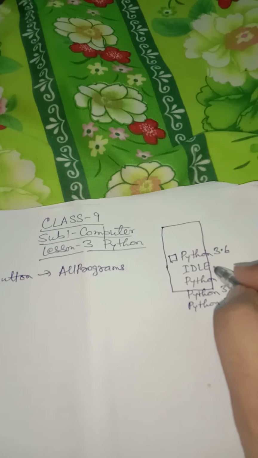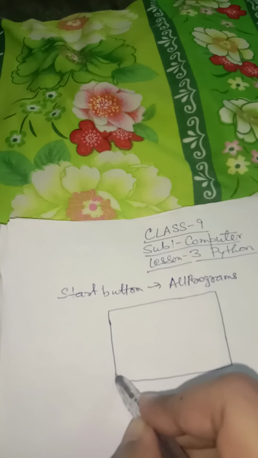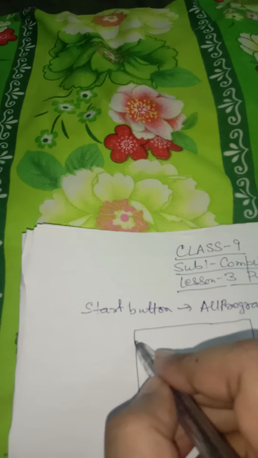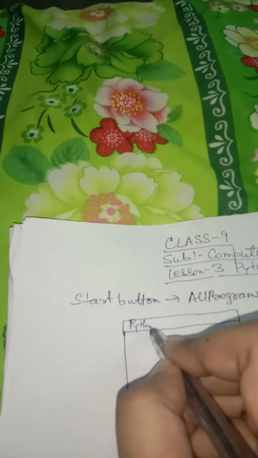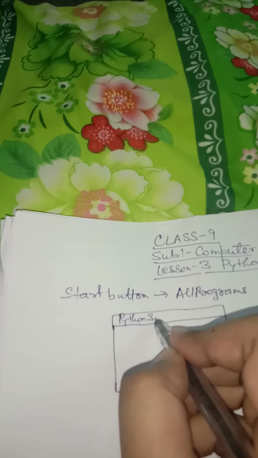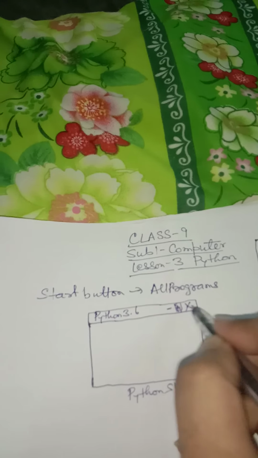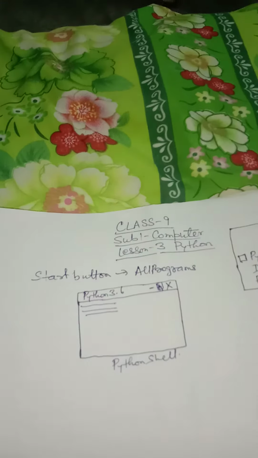As soon as we click on IDLE, a window of this type will appear on the screen. This window is known as the Python shell. Here at the top we have a title bar where Python and the version are written. On the right side, the minimize button, maximize button and close button are present. A few lines about Python and its version are written here.